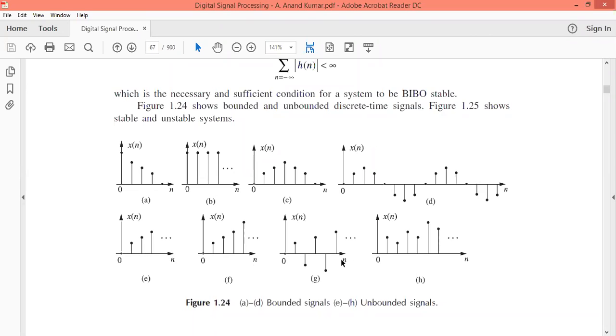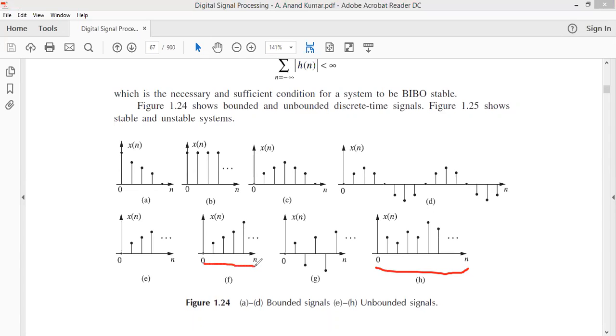So these are examples of unbounded signals where the amplitude keeps increasing. Since we are adding all the samples here and its value is always increasing, what happens when you add all the samples? The value becomes infinity.